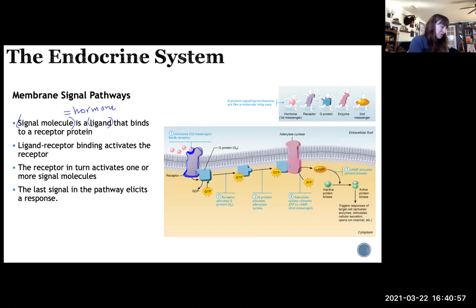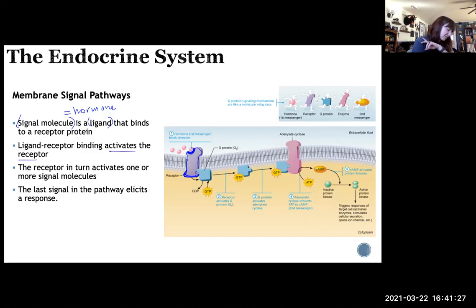That's the signal. We get the signal from the outside, we transfer that signal to the inside via the receptor changing shape, and then that signal gets passed on to something else, and on to something else, resulting in whatever that effector organ needs to do based on that signal from that endocrine gland, ultimately, okay?